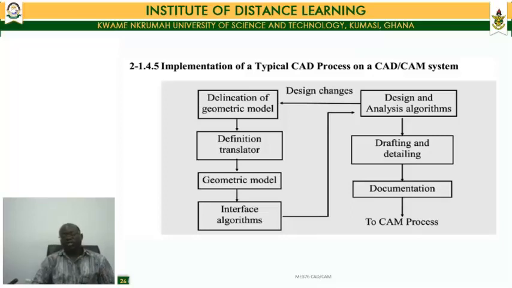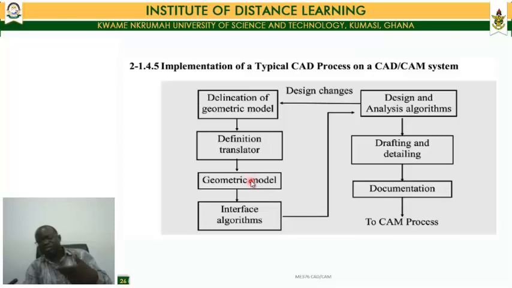So if you take any CAD software, when you have the geometric model, within the software, the geometric model is what we see as a representation on the computer screen.